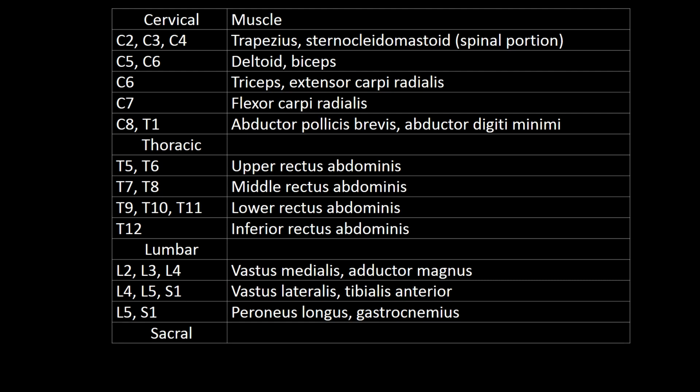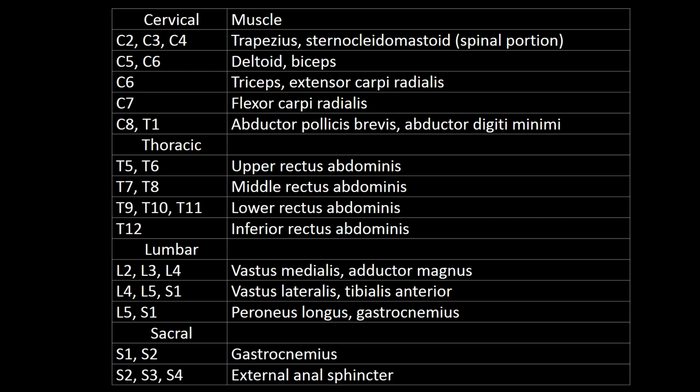The sacral region is evaluated by monitoring the gastrocnemius for roots S1 and S2 and the external anal sphincter for roots S2 to S4.